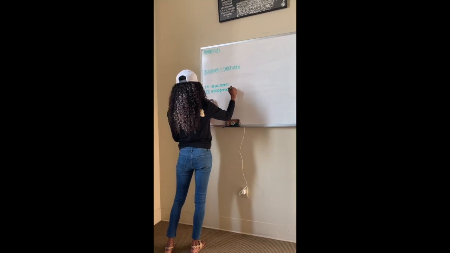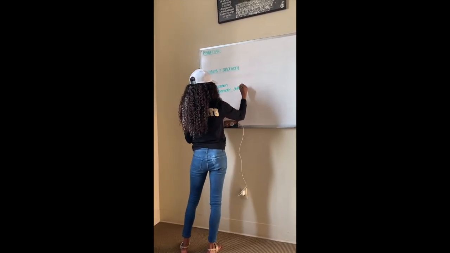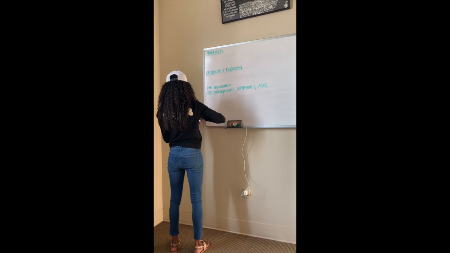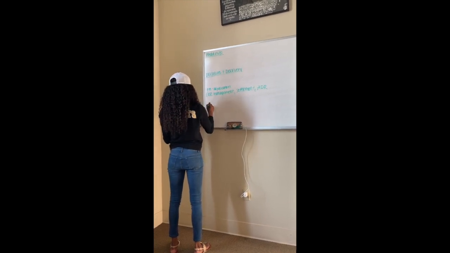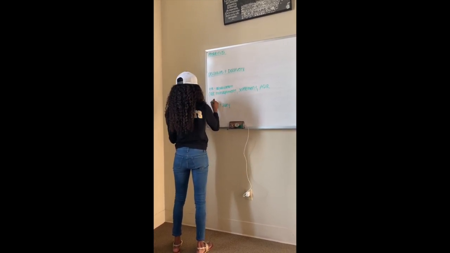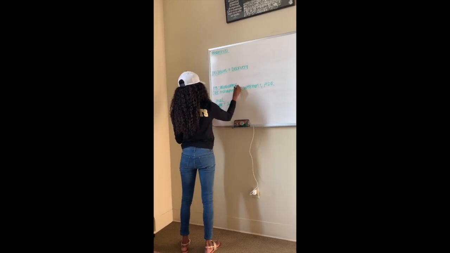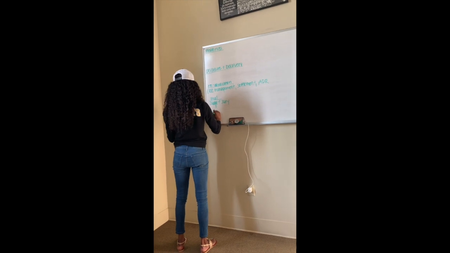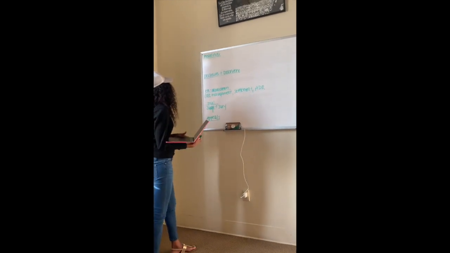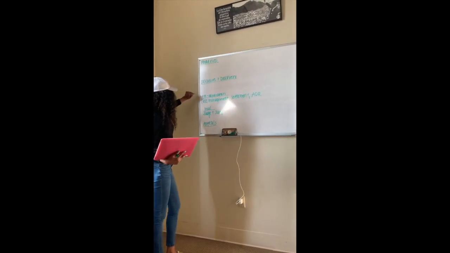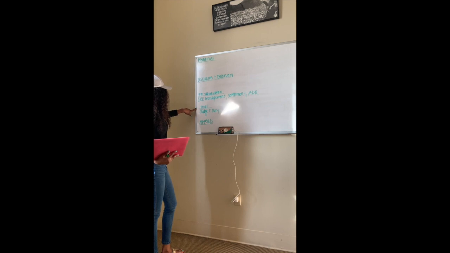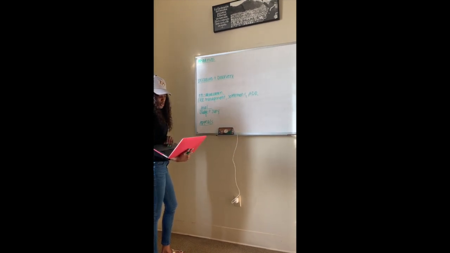Management. Okay, yeah. So this is how: pleadings, discovery, pre-adjudication, which is pre-trial, and then right here is trial if they end up going to trial, and then appeals.